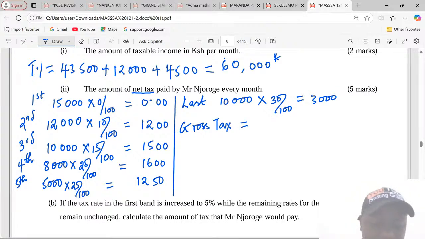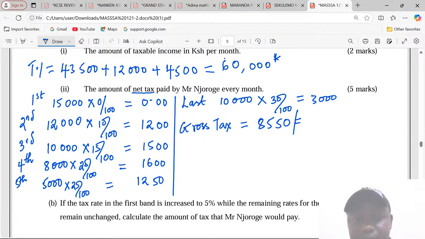We begin with 1,200 plus 1,500 plus 1,600 plus 1,250 plus 3,000. This is giving us 8,550. That is the gross tax.